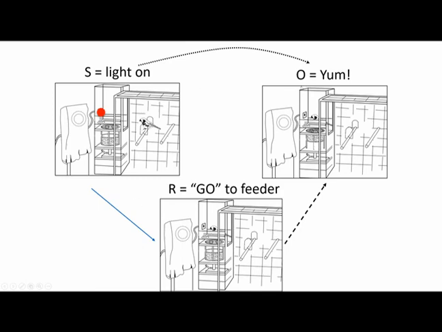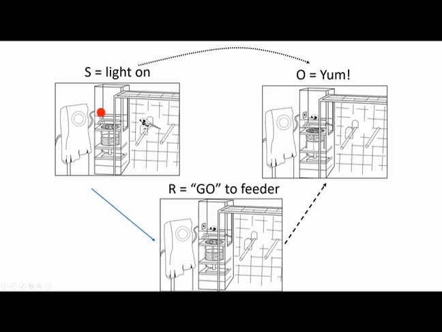For our SO association, the connection between the light being on and getting food, if the light is on, then there is an opportunity for the bird to get food. Which brings us to our RO association, where you can only get this reinforcer of getting the food if you make this particular response. So one last time, you can make this go response, you can do this correct response if the stimulus is present, if that red light is on.